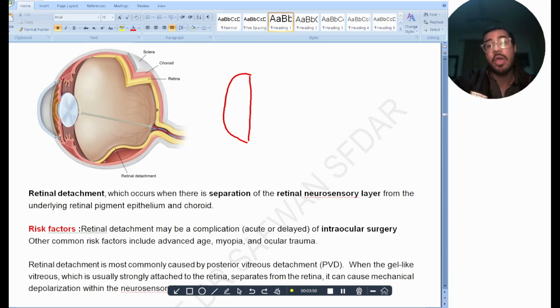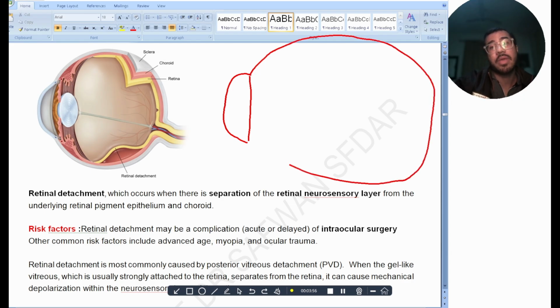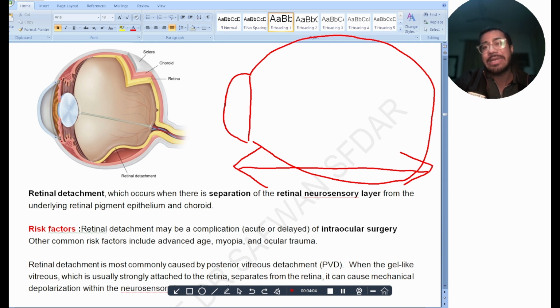In high myopia, that is 6, 7, or 8, if the reason is a greater axial length, that makes the integrity of the structure really poor.